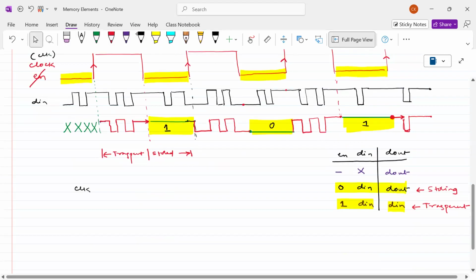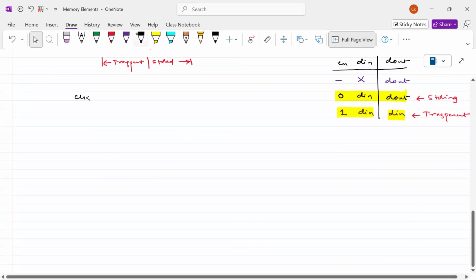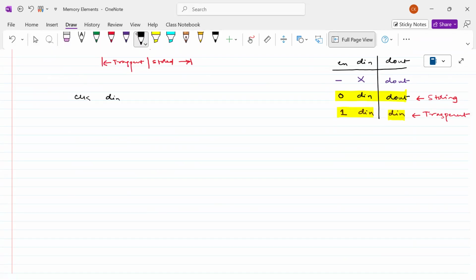Let me write it the same way: the columns are CLK, DIN and DOUT.